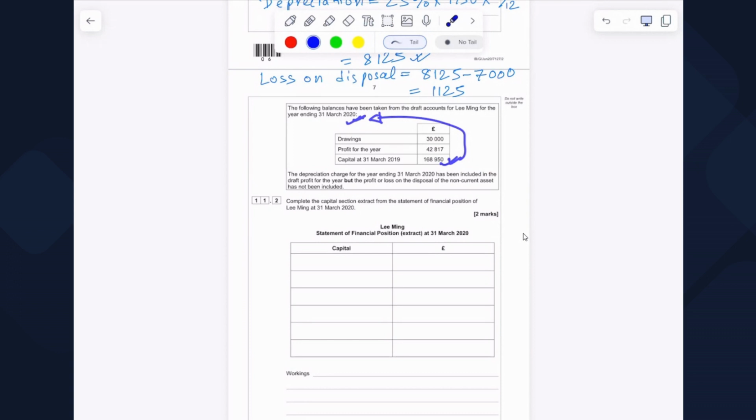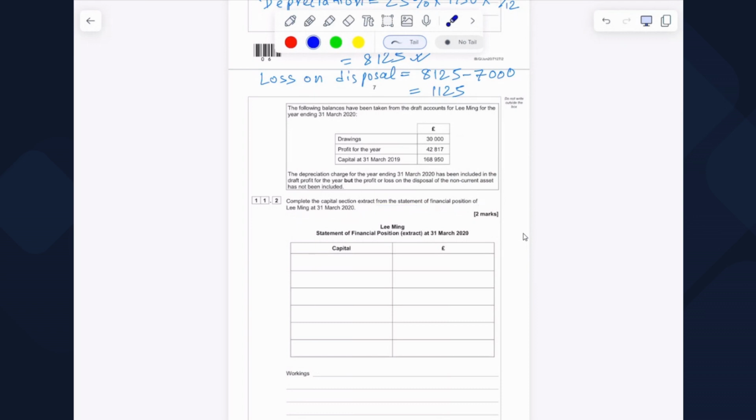The depreciation charge for the year ending 31 March 2020 has been included in the draft profit for the year, but the profit or loss on disposal of the non-current asset has not been included. Complete the capital section extract for Leeming at 31 March 2020.